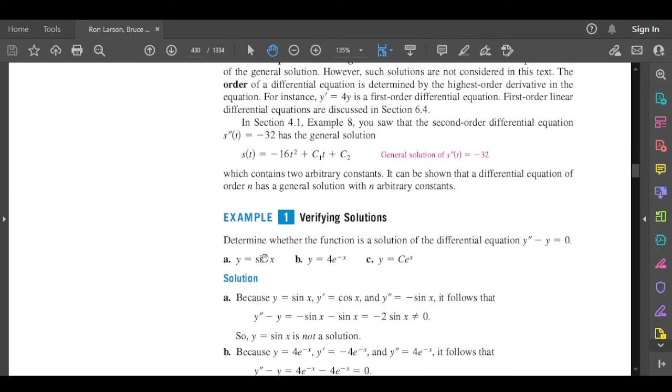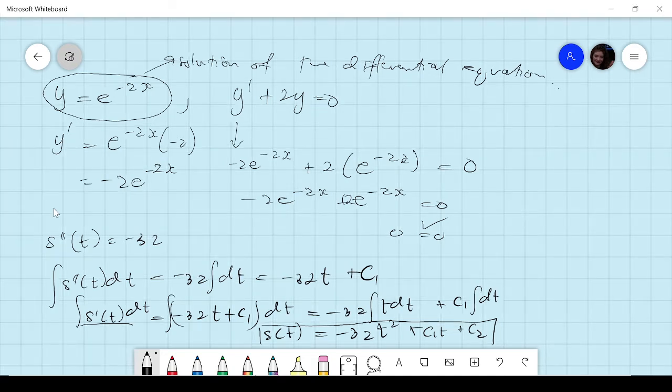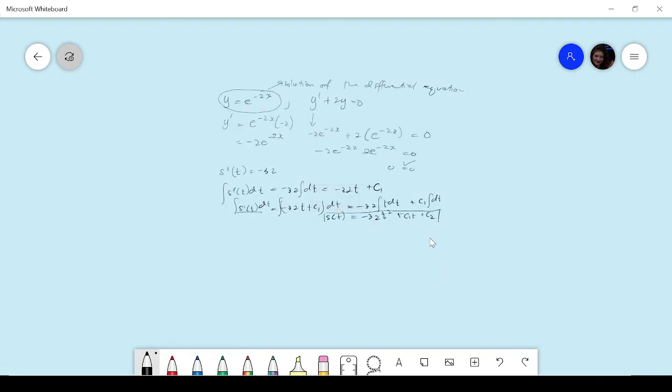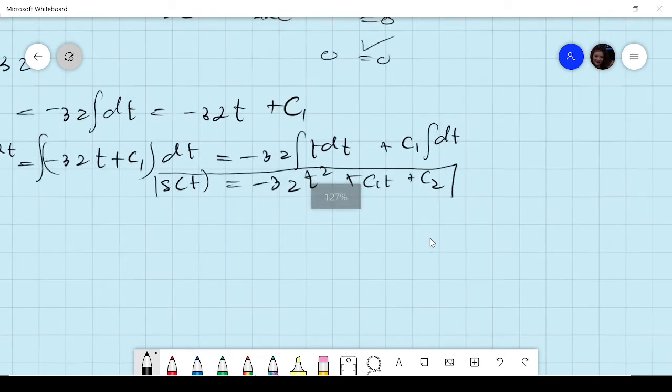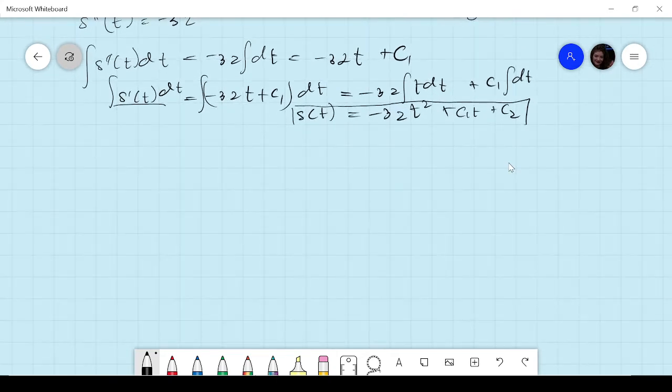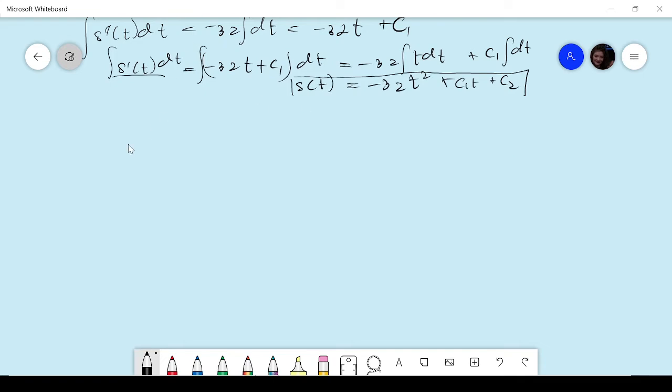Okay, so for example, determine whether the function is a solution of the differential equation. Your given differential equation is y double prime minus y equals 0, and identify whether y equals sin x is a solution.